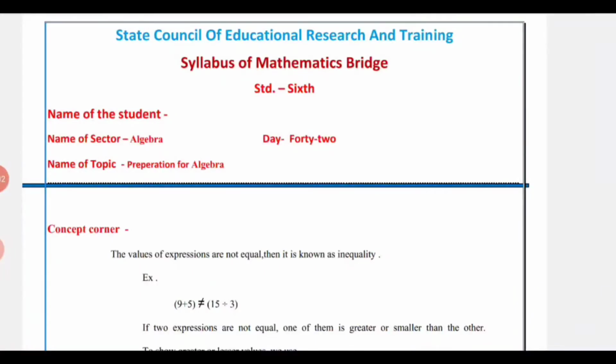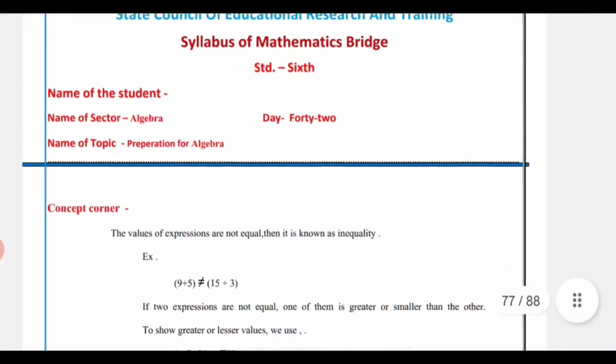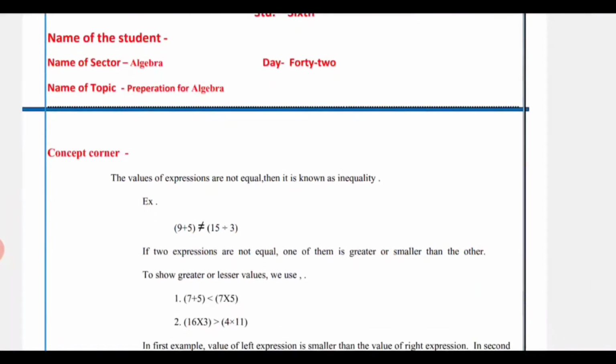Now we are going to continue with day 42 in our same video, because it is related to the area algebra and the topic is preparation of algebra. See in concept corner what is given: if the values of the expressions are not equal, then it is known as inequality. When both the sides are not equal, then it is known as inequality.